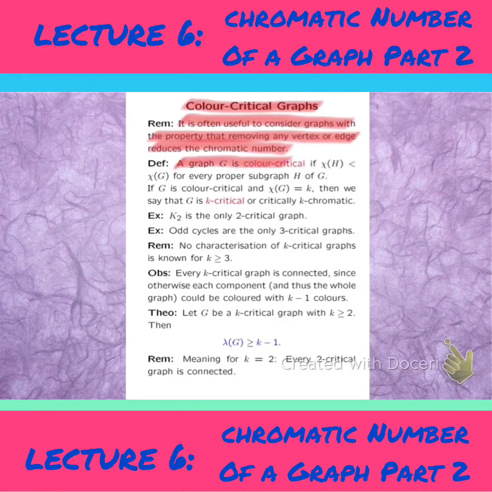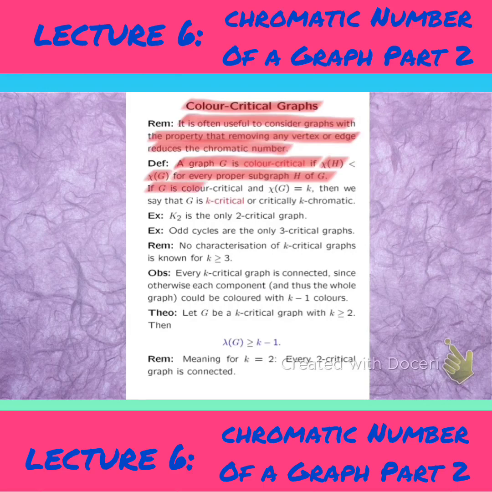We say that a graph G is color critical if for every proper subgraph H of G, the chromatic number of H is strictly less than the chromatic number of G. And again, this must hold for every proper subgraph H of G.